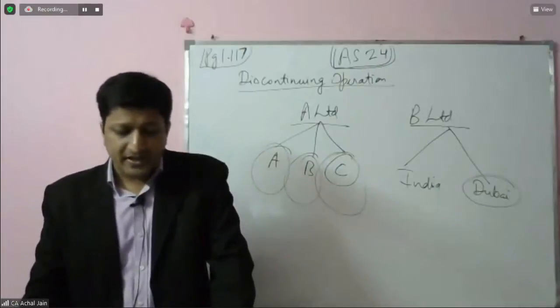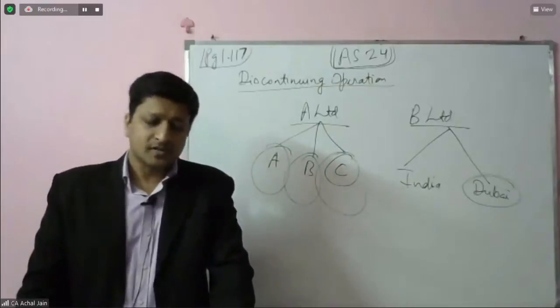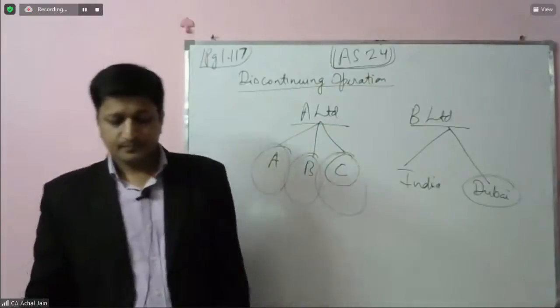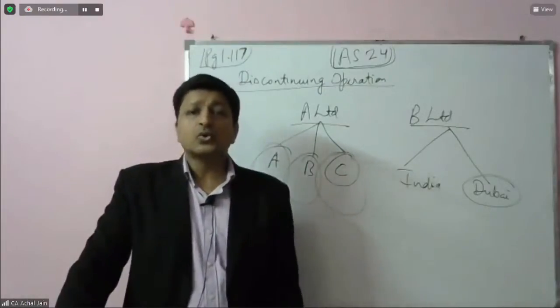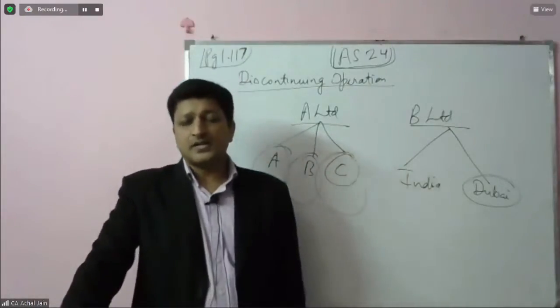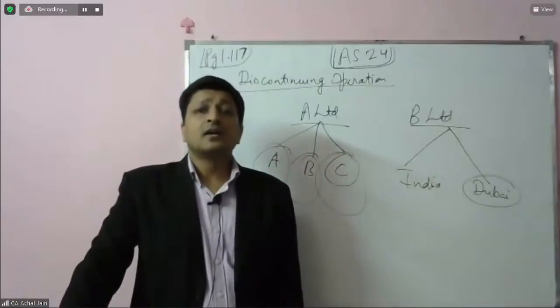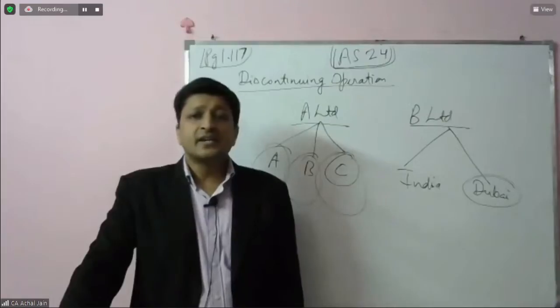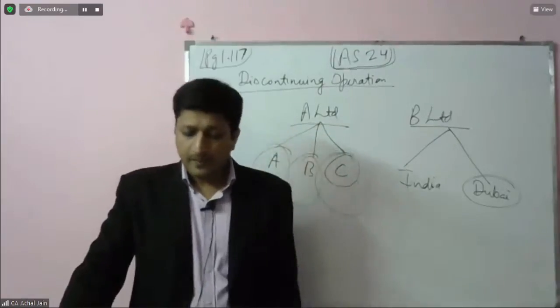Closing of a facility to achieve productivity improvements or other cost savings. An example in relation to consolidated financial statements of a discontinuing operation will be the one of a subsidiary which is planned to be sold off.